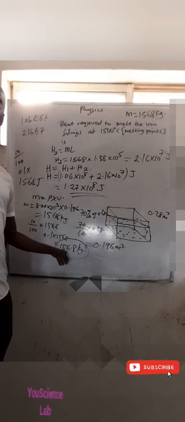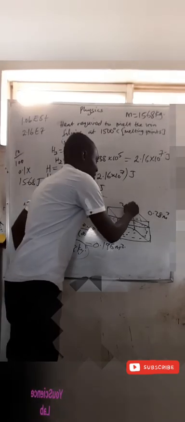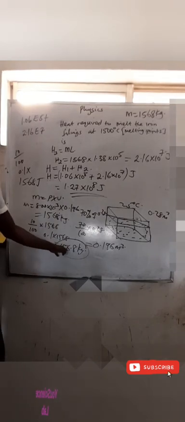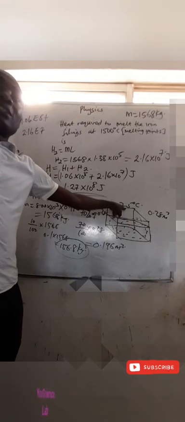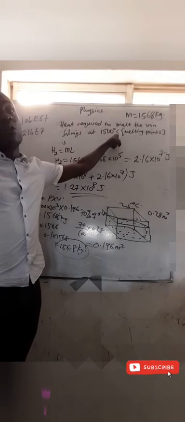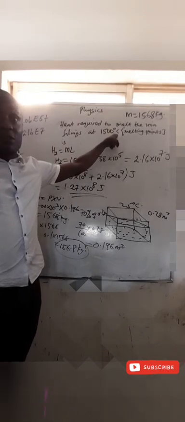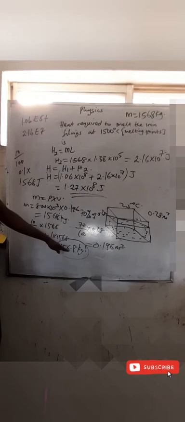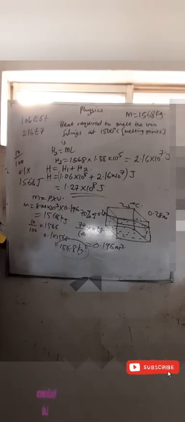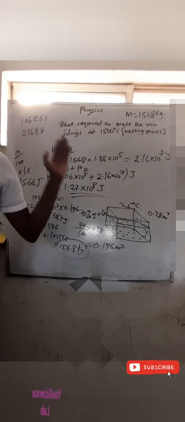The box was initially at 25 degrees centigrade, so heat is going to be supplied to raise this from 25 degrees centigrade to the melting point, which is 1500 degrees centigrade. Then we have to calculate the heat that is required to melt the iron filings without changing the temperature.